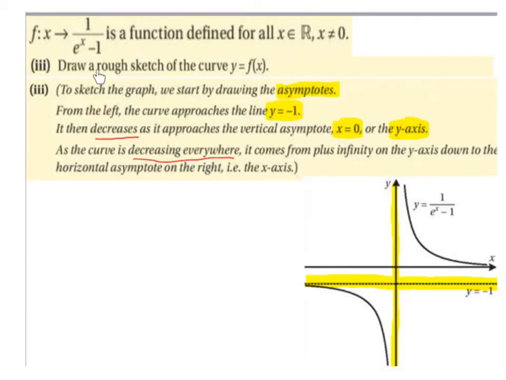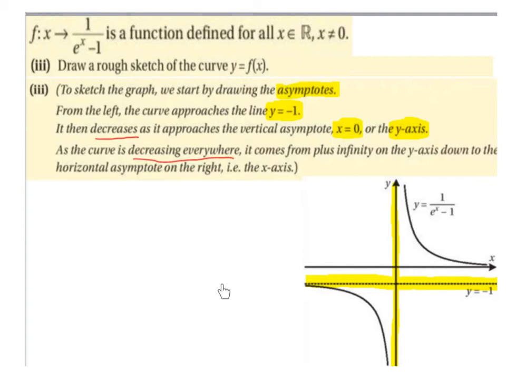Part 3, draw a rough sketch of the curve y equals f of x. To sketch the graph, we start by drawing the asymptotes. So we have an asymptote at x equals 0, which is basically the y-axis, and we have an asymptote at y equals minus 1. So from the left, the curve approaches the line y equals minus 1.